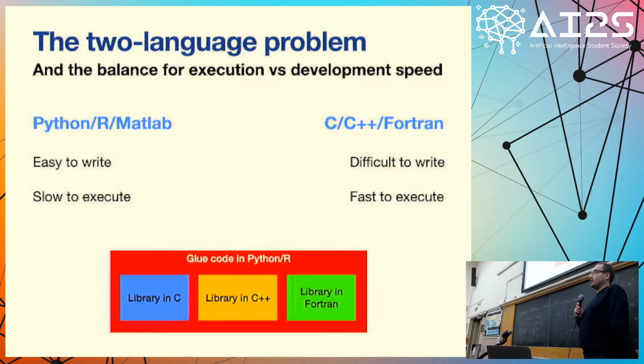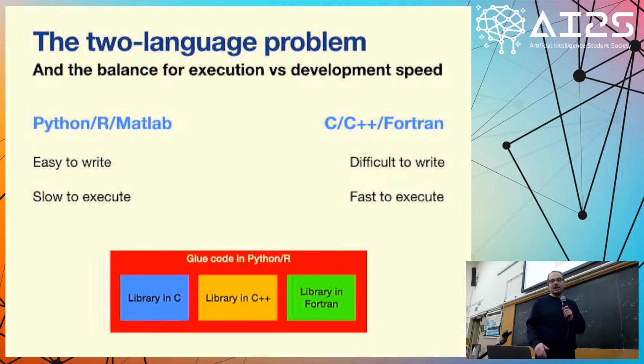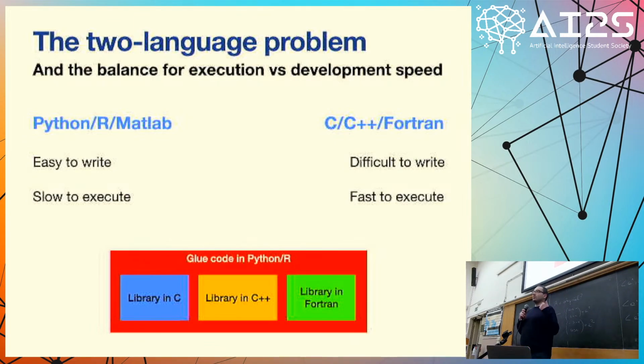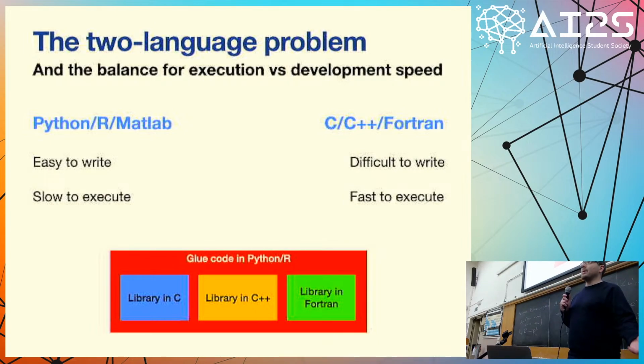So we have a lot of high-performance libraries written in C or C++ or Python that are glued together using Python or any other higher level programming language. So we end up with, for example, NumPy, which is actually compiled code, which can be very fast, but which is exposed as a Python library.